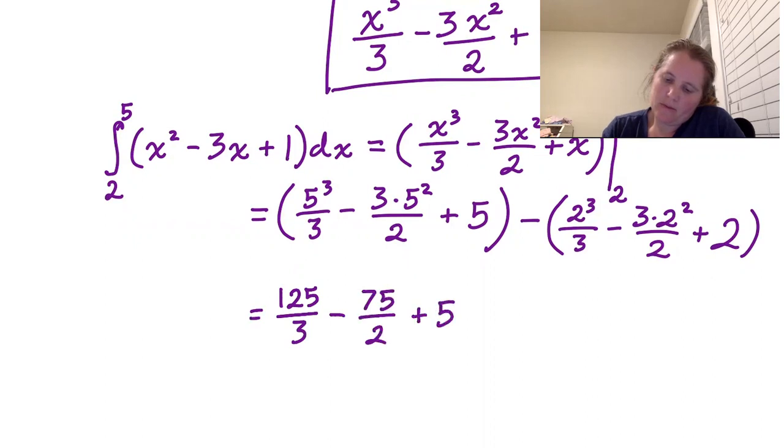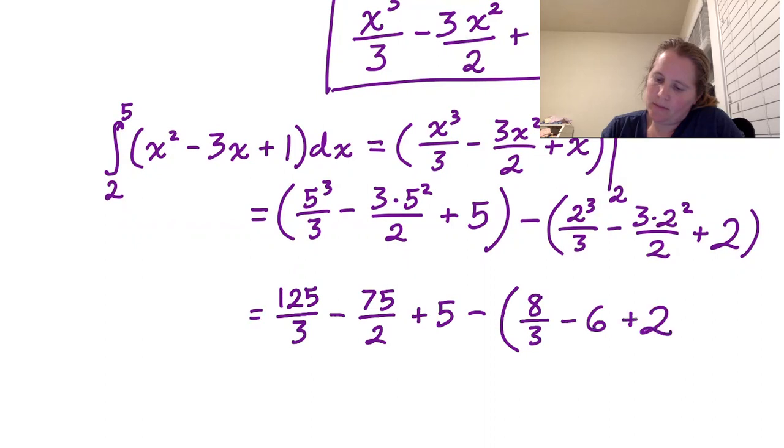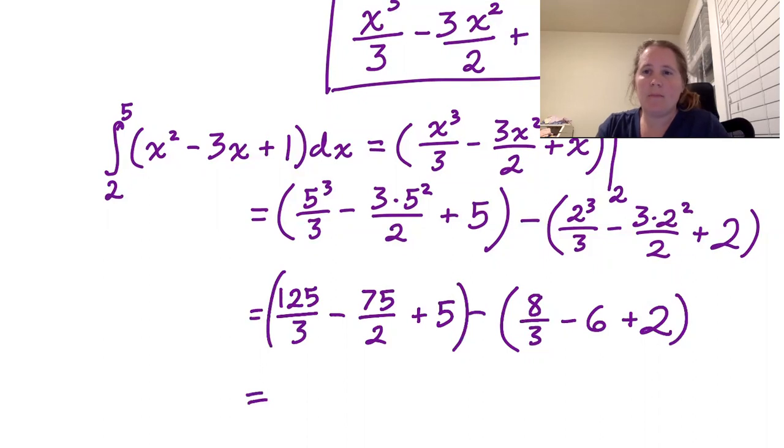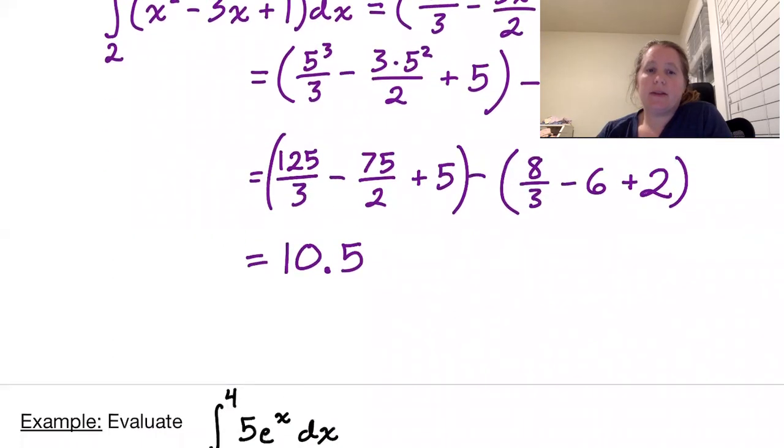And then we are subtracting off 8 thirds minus 6 plus 2. And we wind up getting 10.5. So that's finding that definite integral. You just needed to find an antiderivative, evaluate it at both bounds, and subtract.